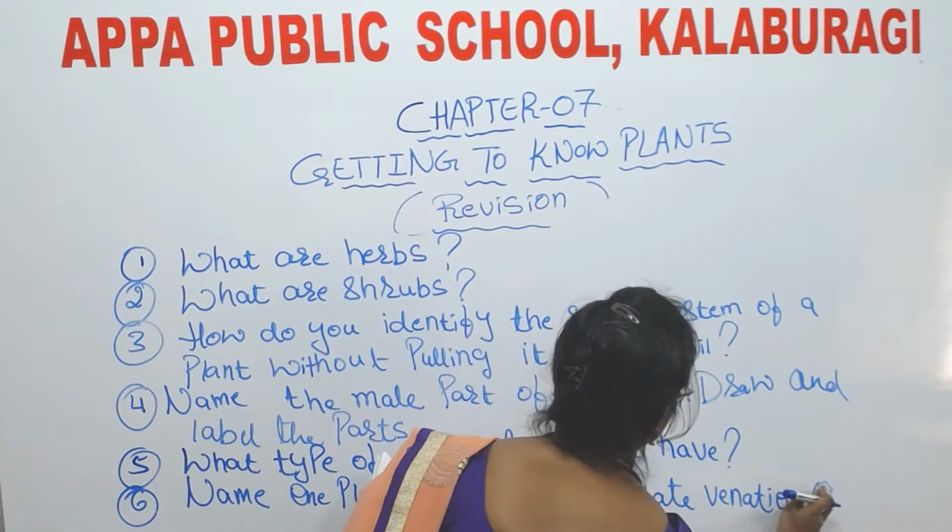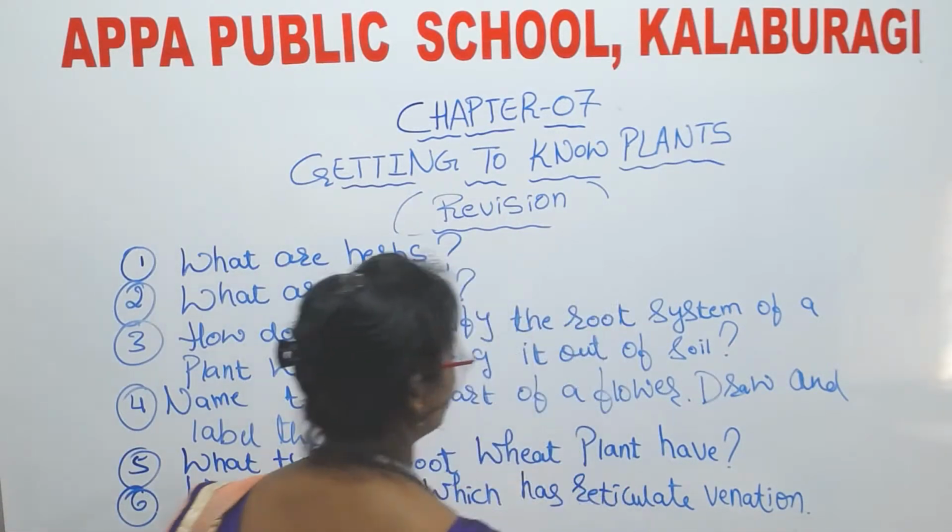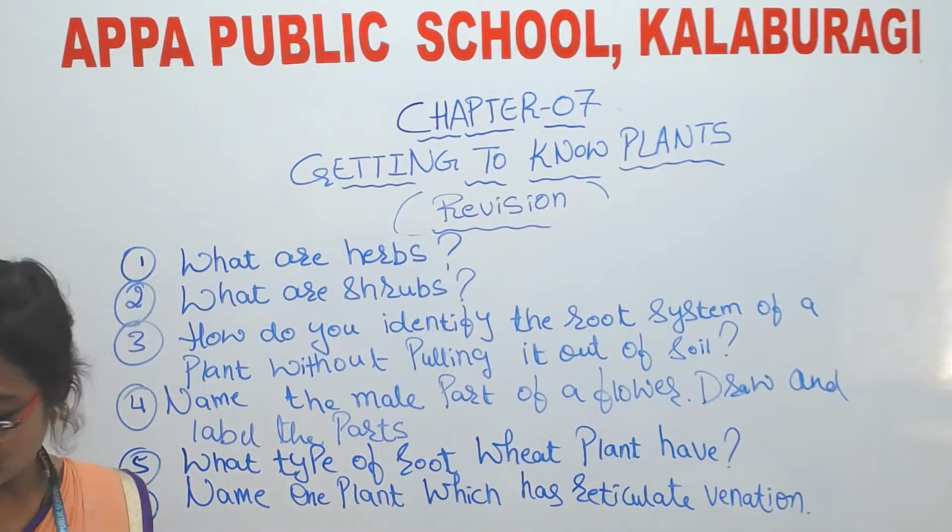So here you should name one plant which has reticulate venation.